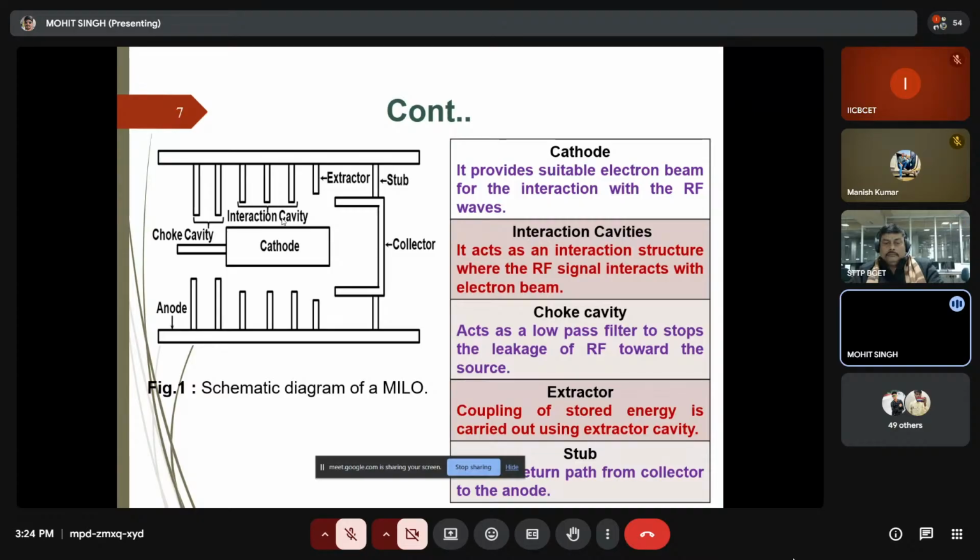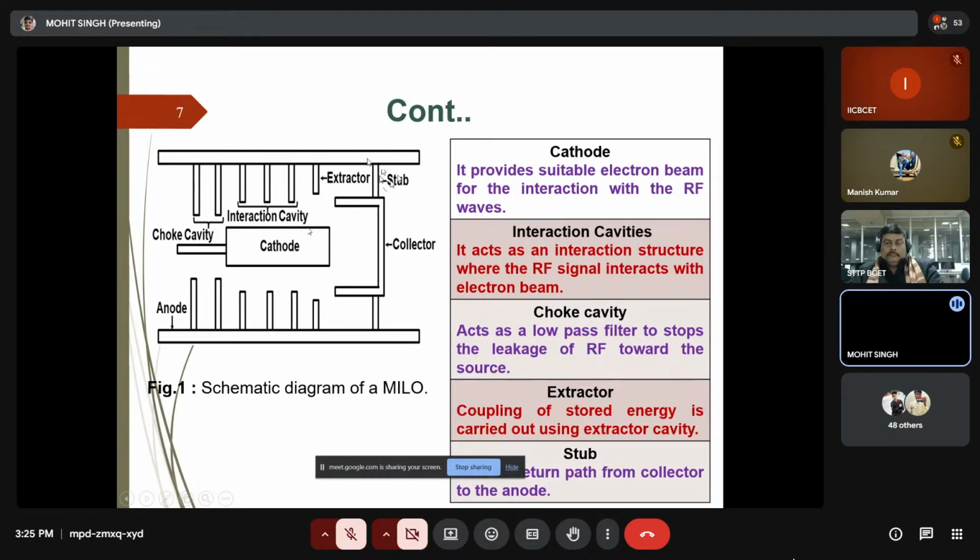But what happens here, these electrons which are emitted from the cathode, they create a path with this stub. Here a stub is connected, you can see in the picture, and that creates a path of current.